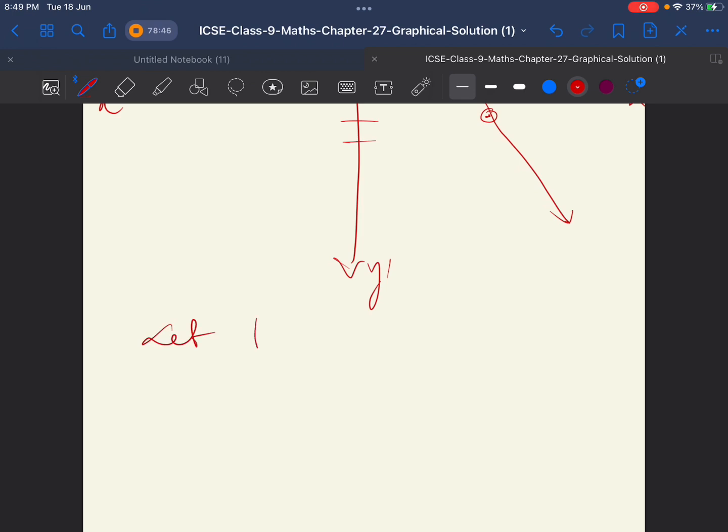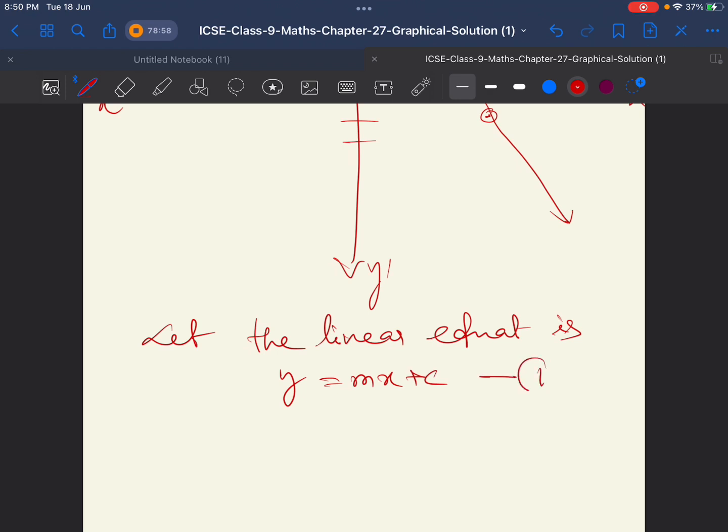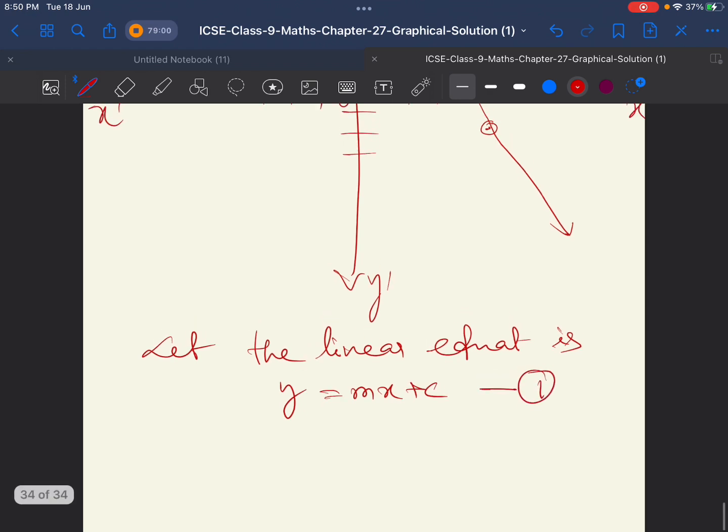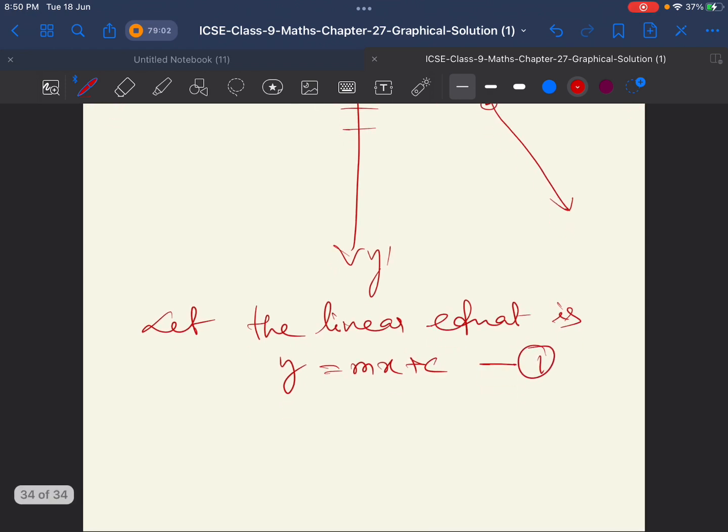Now m, minus 4 and 3n lie on the line drawn. Find the values of m and n. Let the linear equation be y equals mx plus c, equation 1. Now we substitute the values of x and y in the equation 1.